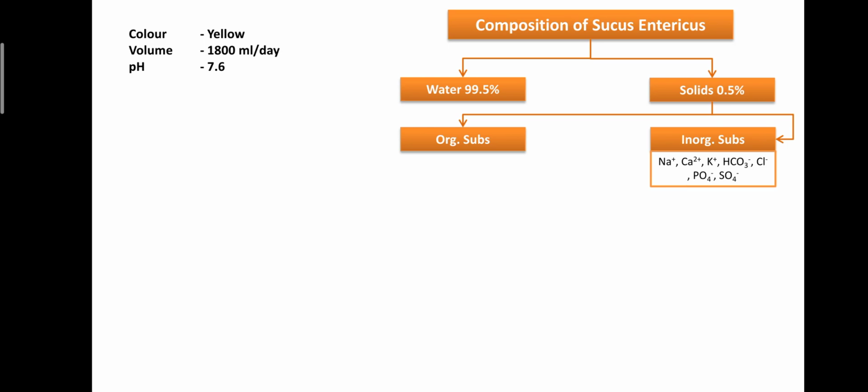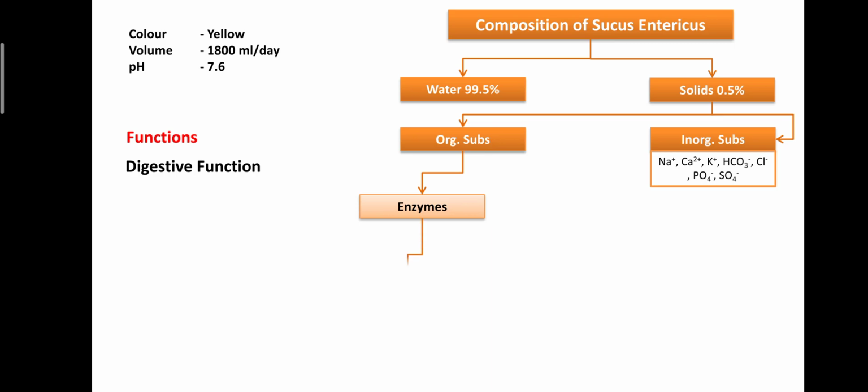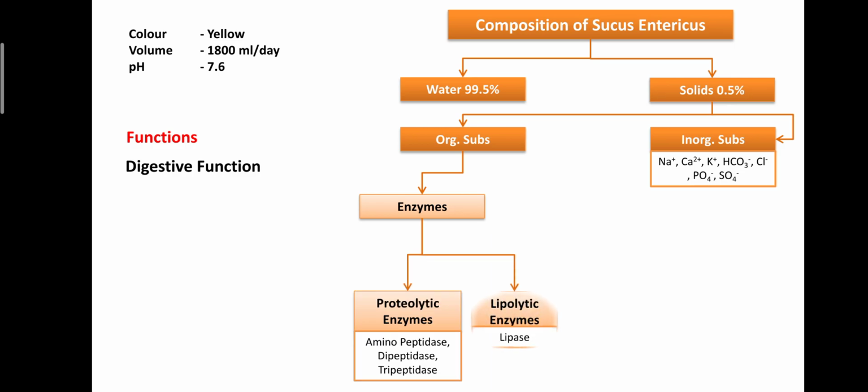Further, the organic substances are subcategorized into enzymes and other organic functions, and these enzymes regulate the digestive functions in the small intestine. Enzymes are subcategorized into proteolytic enzymes and lipolytic enzymes.